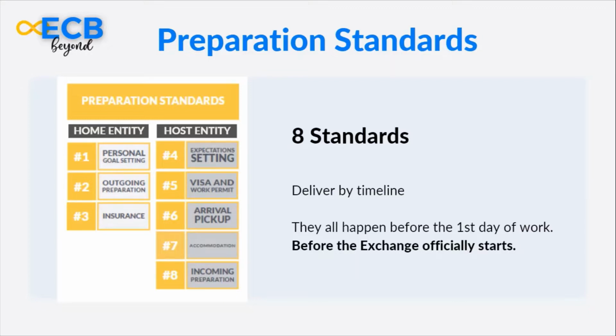So don't be all chilled out and think, oh, I don't have anything to do until the EP is going to the other country. You have things to do before the exchange officially starts, so make sure you're doing them. There are 8, as I mentioned. 3 of them must be delivered by the home entity, and 5 of them by the host entity.